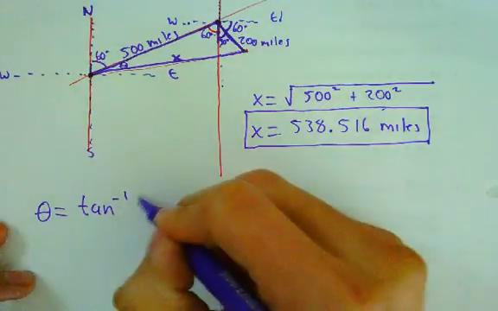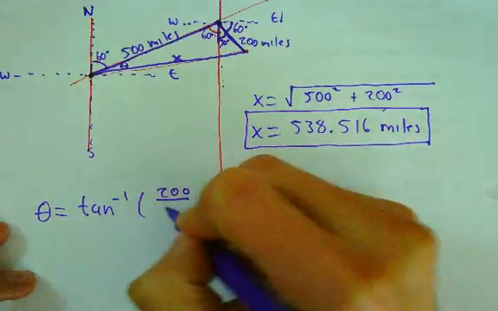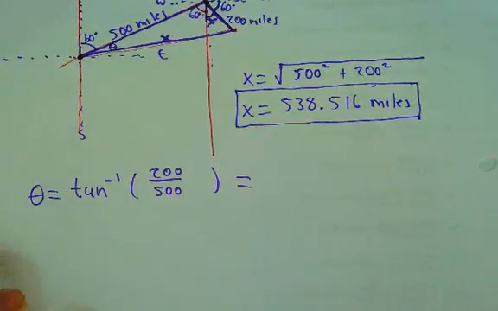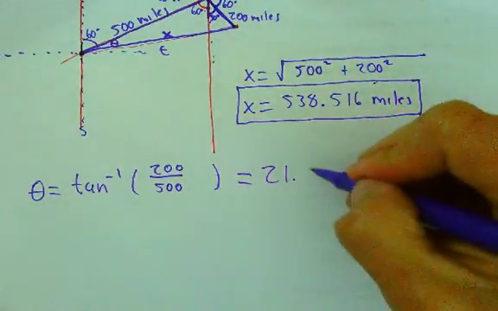Type that in your calculator. Make sure that you are in degrees, please. And tell me what the angle is. 21.801 degrees. Okay?